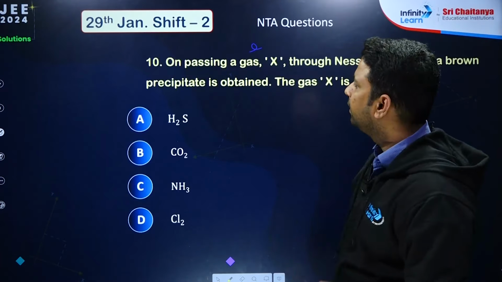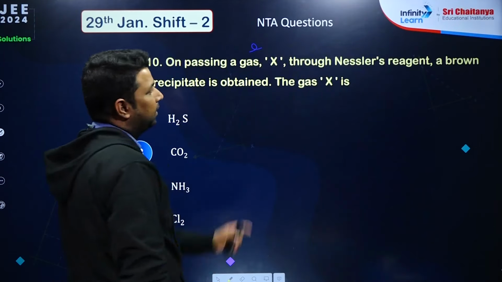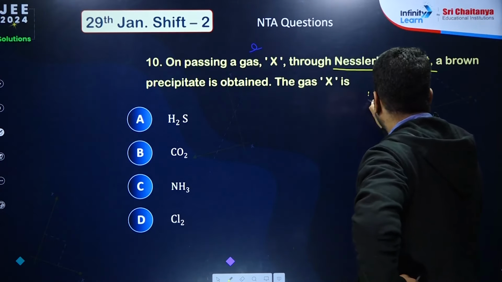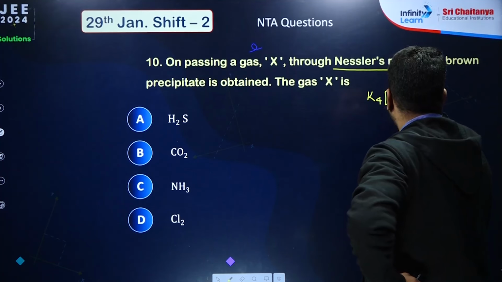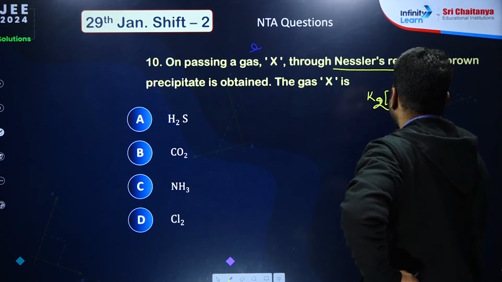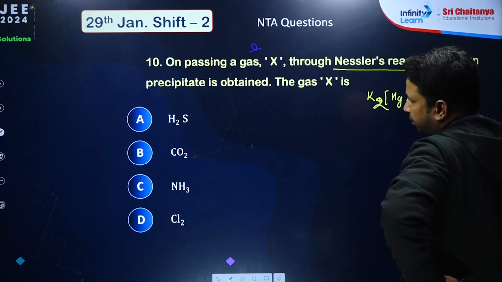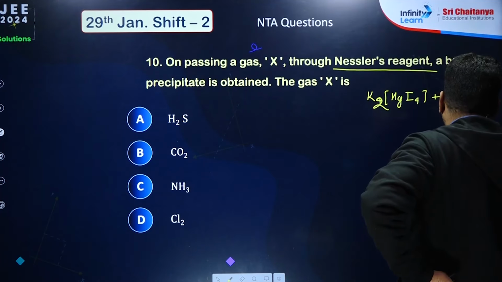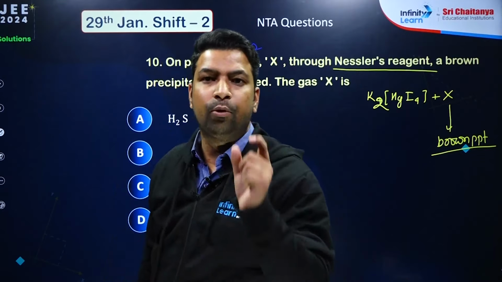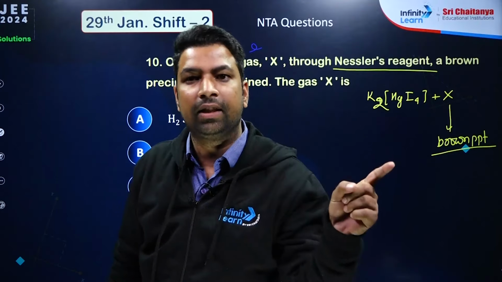Come to the next question. On passing a gas X through Nessler reagent, you have to remember the Nessler reagent is K2HgI4, not K4. It reacts with a gas and gives brown precipitate. Have you ever done the test of ammonium ion in your laboratory? Ammonia gas is released.